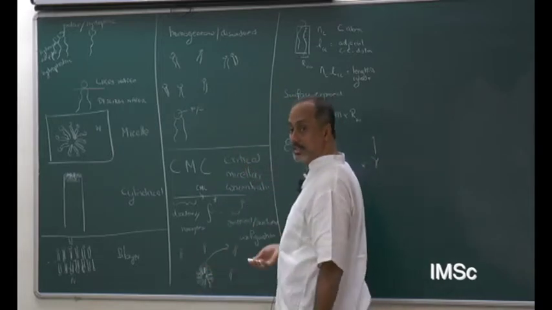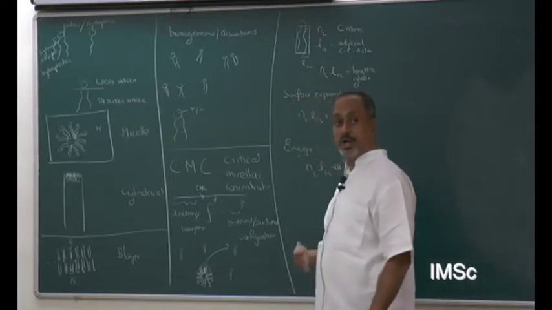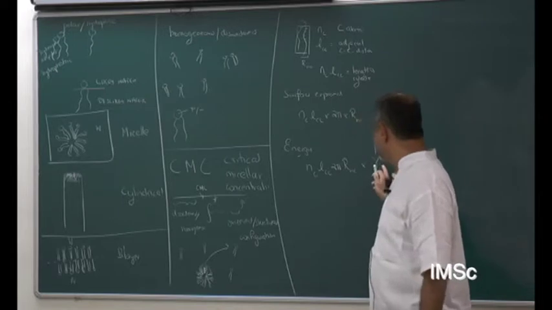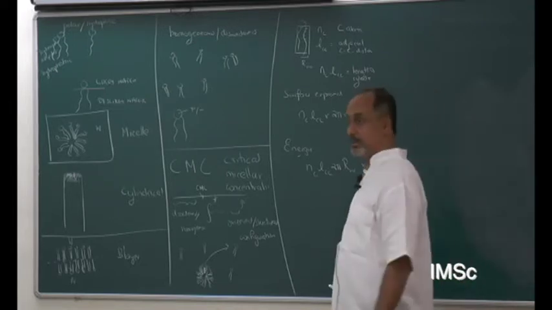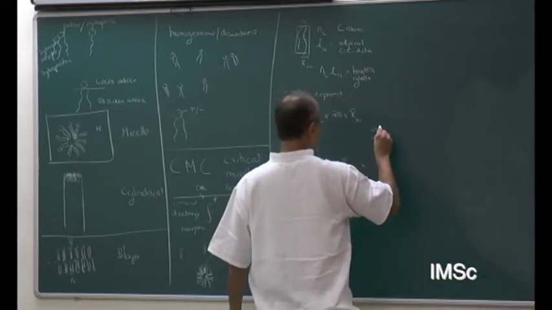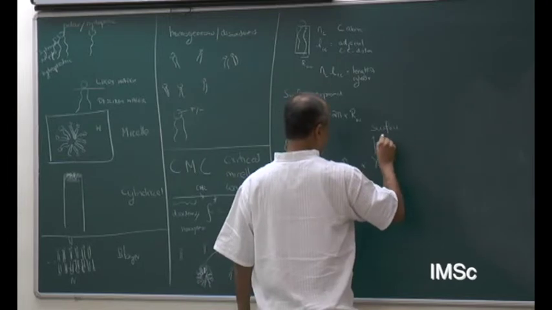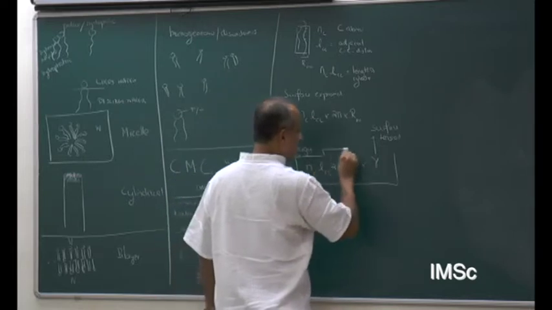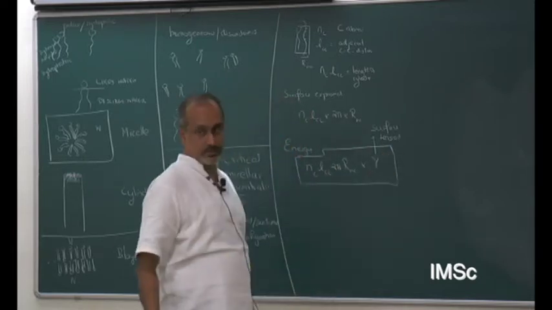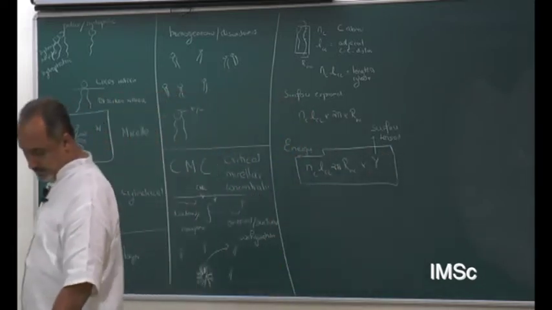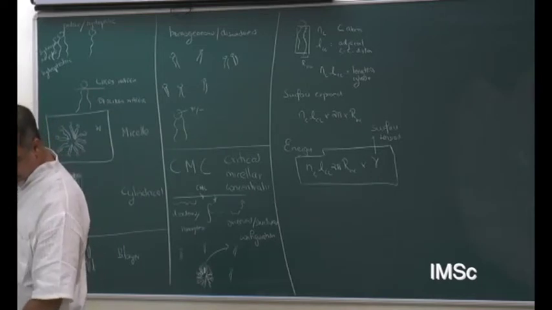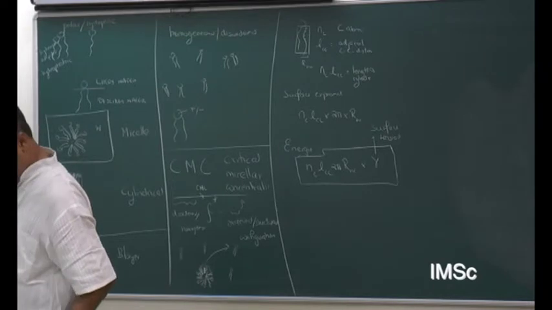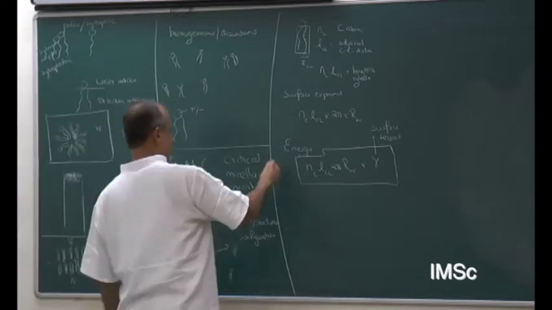There's an energy cost in that, and the cost depends upon how much surface I expose. So this is some positive energy per unit surface, also called a surface tension. And this was the energetic term we had to worry about. I think we called it the binding energy.